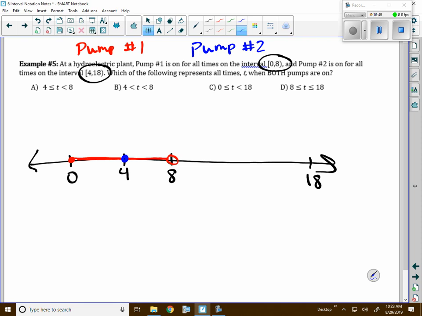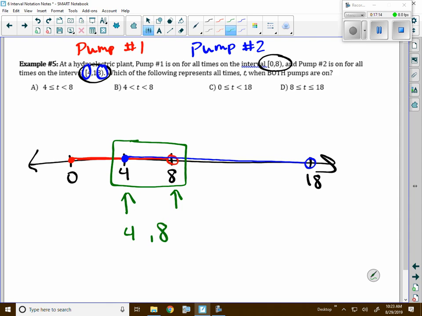Okay, you should have a closed circle at 4 because of the bracket up here. And then over here, 18 is a parenthesis, so that should be an open circle. Okay, now if we want to know when both pumps are on, right here, in this overlapping region is when both pumps are on. So from 4 to 8.